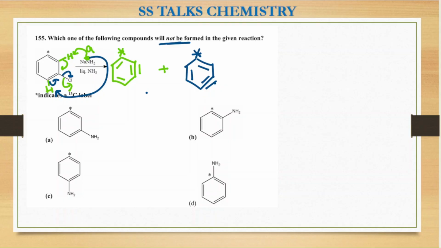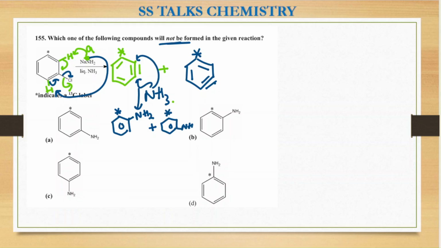Right? Now further you can see liquid ammonia has been passed. So in that case, NH3 can attack either on this particular side or at this particular side. That means at the ortho position or at the meta position of this isotopically labeled carbon, the substitution you are going to get is like this one, and here will be the meta position substitution.